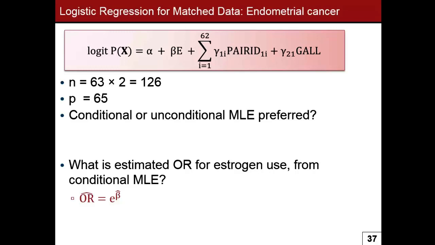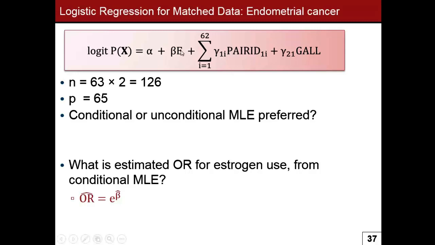That's the model at the top of the screen, the model you're using either way. What Eli is saying is that if you actually did the unconditional estimation for this matched data, you're going to get a biased answer for the odds ratio for the exposure effect. If you do the conditional estimation, you get an unbiased answer.